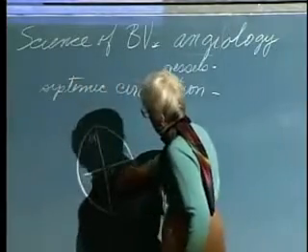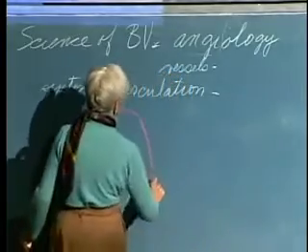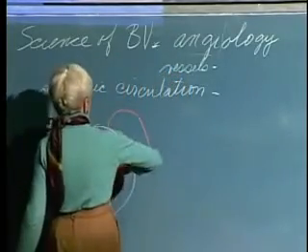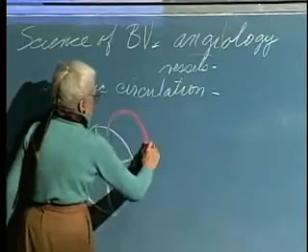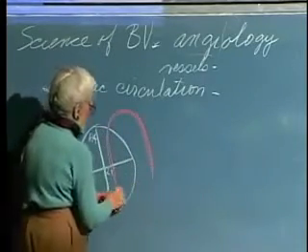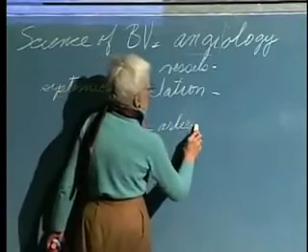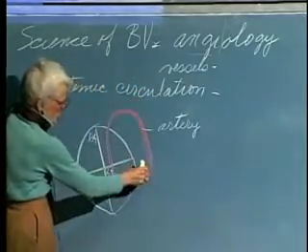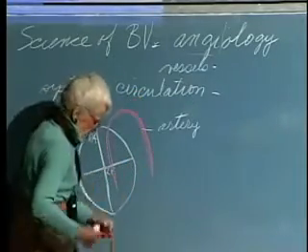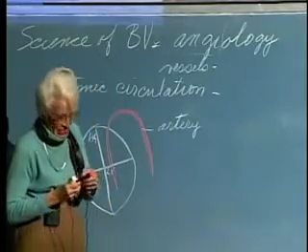The ascending aorta is coming out here, but we're just going to call it an artery for the moment, coming from our left ventricle. This will be an artery. And then gradually it will decrease.